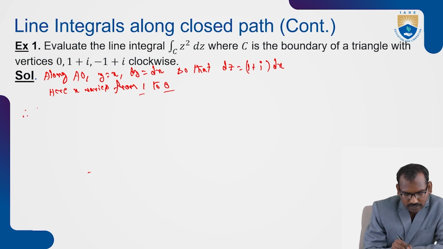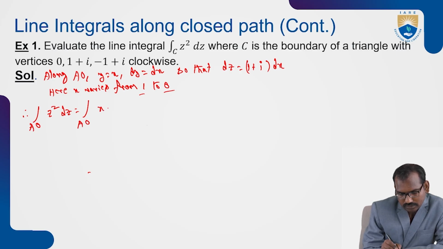Therefore, we are calculating integration along AO of z square dz. This is integration along AO of (x plus i times x) whole square, because y is x here, and we will have dz as (1 plus i) dx.